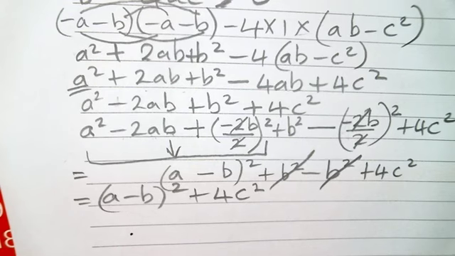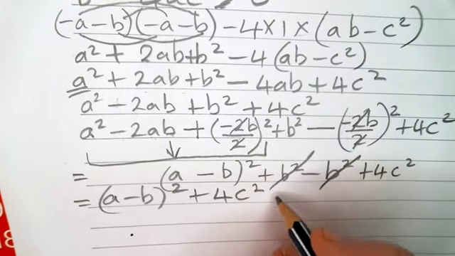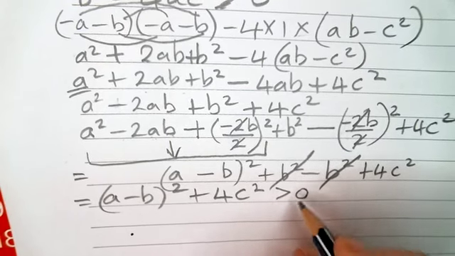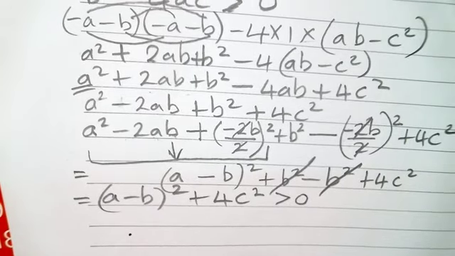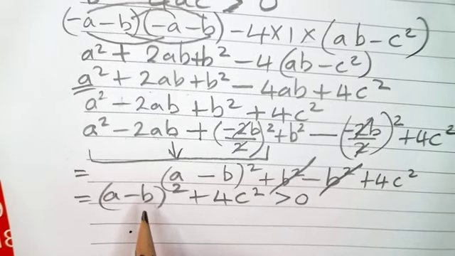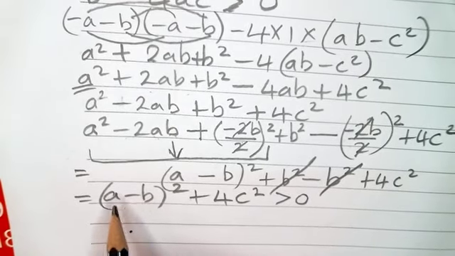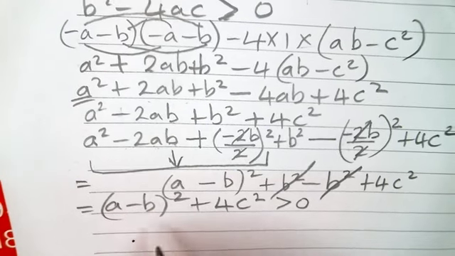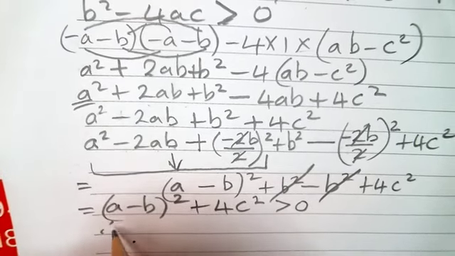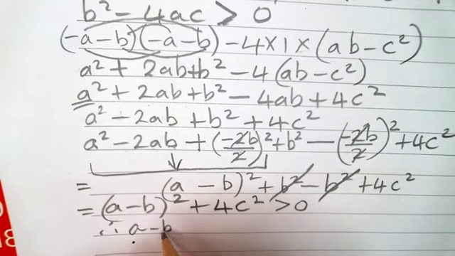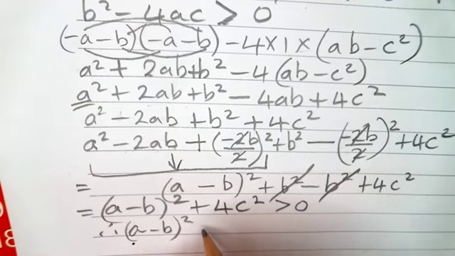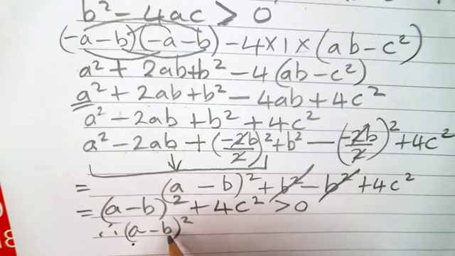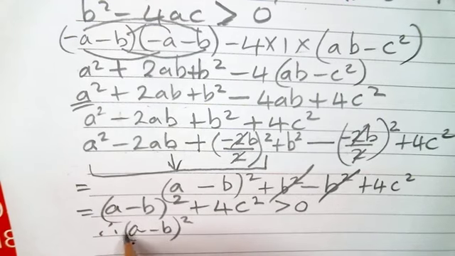So now we're in the situation, and of course, the whole thing is greater than 0. Of course, b could still be 0, yeah? In which case, if b was 0, then this thing would actually equal 0. So therefore, a minus b squared could be 0, but if b is not 0, it's going to be greater than 0, because it doesn't matter what you do in here.